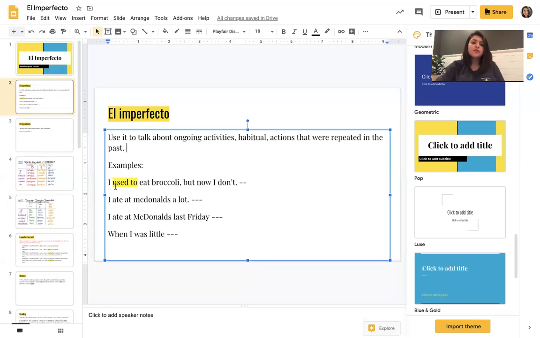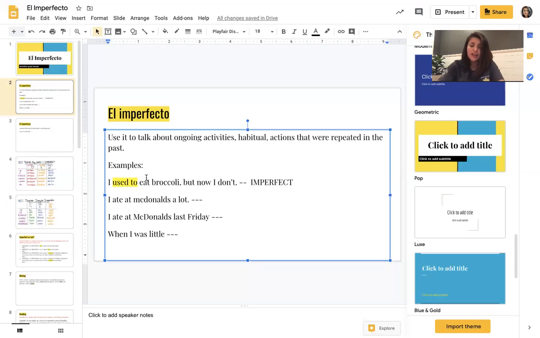Here's a few examples. So I used to eat broccoli, but now I don't. So this is going to be imperfect. And I highlighted used to because anytime that in English you would say I used to love lime on my ice cream, but now I don't.